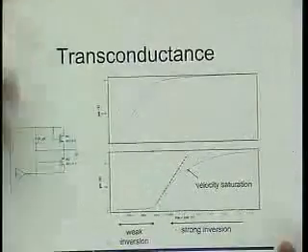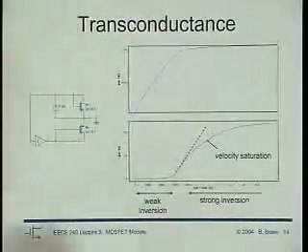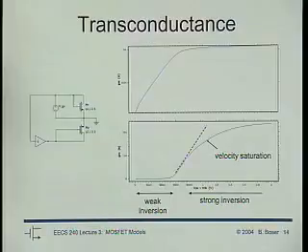Okay, so let's look at the transconductance now, invoking SPICE. Our equations predict that transconductance is proportional to ID.